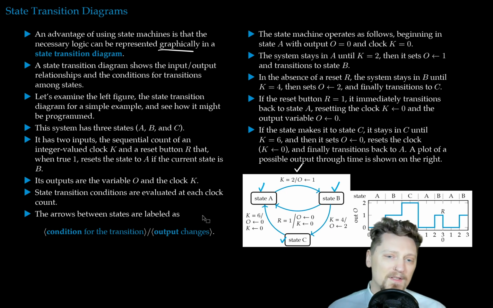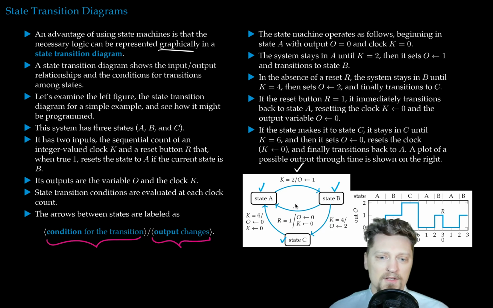The arrows between states are labeled as, on the left of the slash, the condition for the transition. Then we have a slash, and then we have the output changes. So we have state A, which can transition to state B, given the condition that the clock count K equals 2.